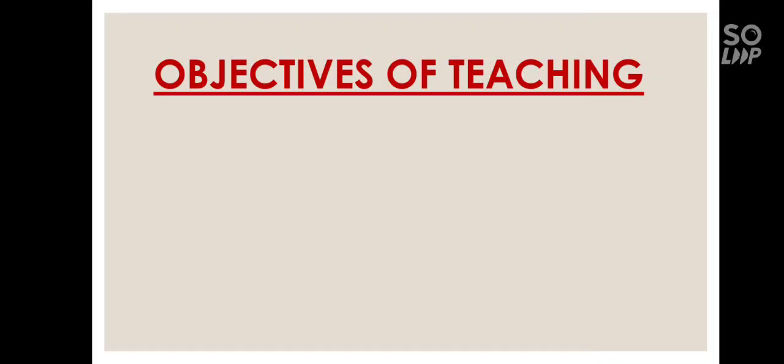Now, the first component of curriculum of any subject is the objectives of teaching of that subject. These are the general objectives, implying the rationale of teaching a particular subject. The person desirous of developing the curriculum of a subject should have a thorough knowledge of the objectives of teaching of that subject.